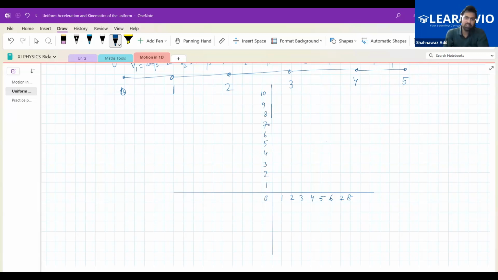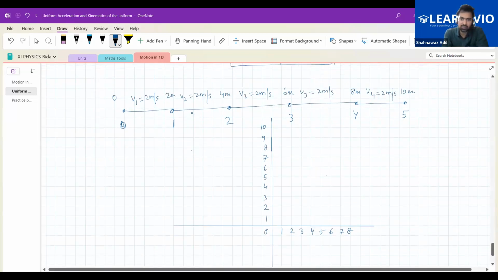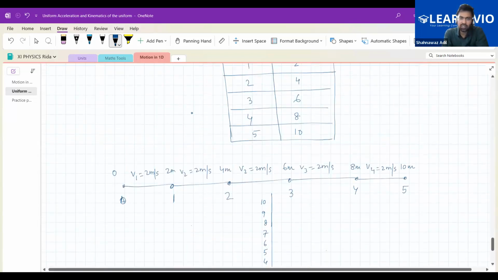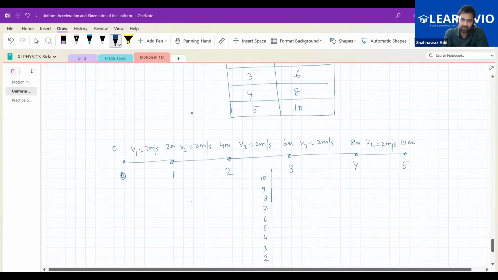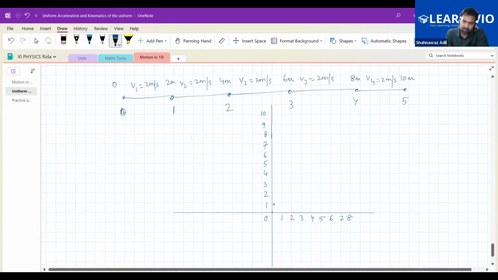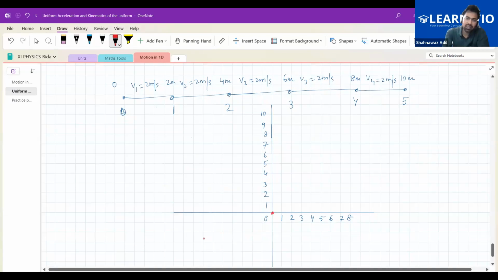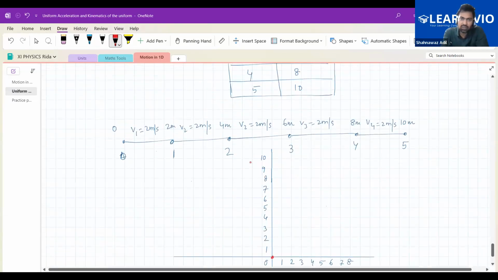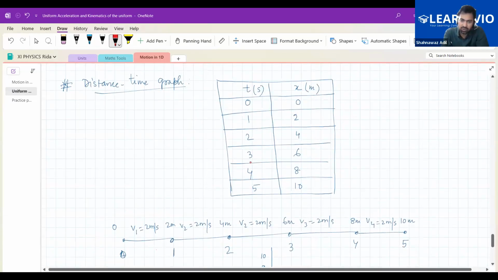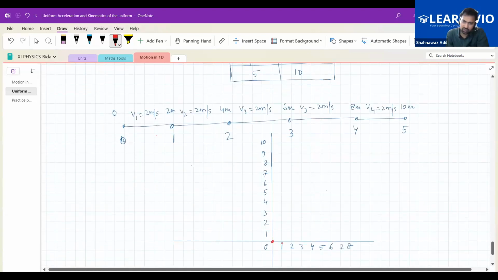Now, what is the first point? The first point is 0, comma 0. So that is here. And then the other point is 1, comma 2. This is 1 and on y we go to 2. So this is 1, comma 2.